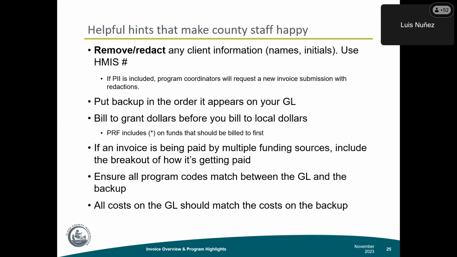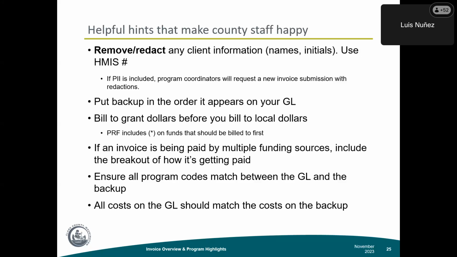That will cut time on having to reach out and notify you that we had to move some funds, and on figuring out which expense is going to which fund. So if all that is perfect, you're golden, and we can push that over to finance, and they can pay it out.